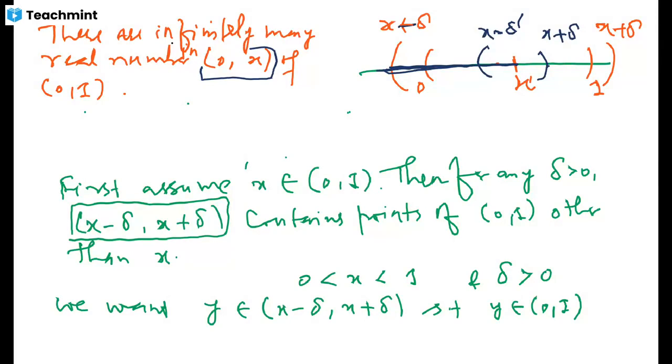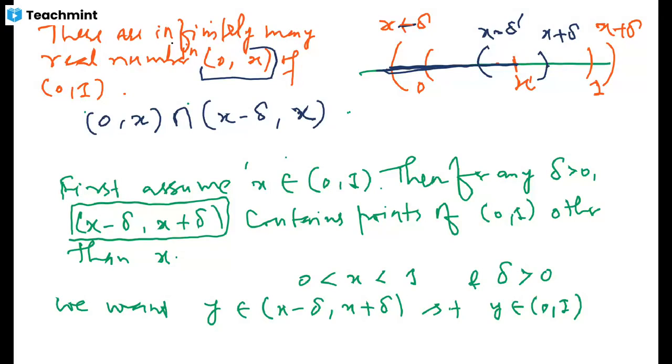And definitely, when you look at this 0 to x, and you look at the intersection of this with x minus delta to x, it is quite obvious that both these intervals whose intersection I'm talking about have a common right endpoint.